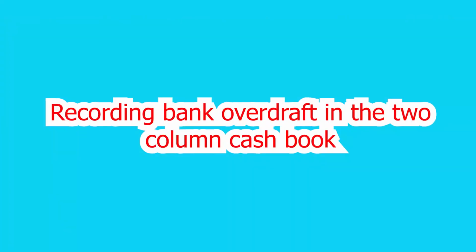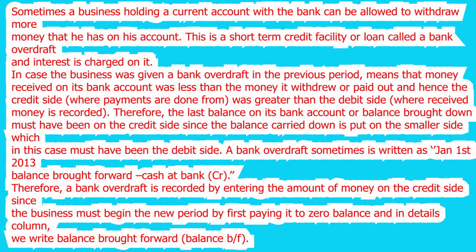Then we have recording bank overdrafts in the 2-column cash book. Sometimes a business holding a current account with a bank can be allowed to withdraw more money than it has on its account. This is a short-term credit facility or loan called a bank overdraft, and interest is charged on it.